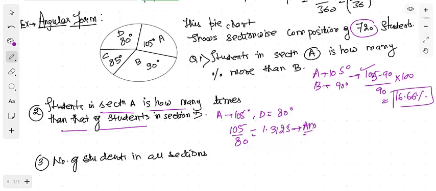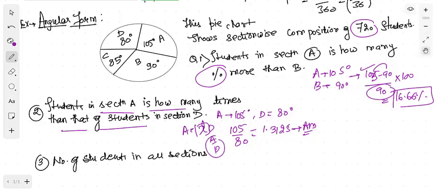Try to read the question carefully. Here it is written how many percent more, that's why we subtracted and then divided by the initial value. Here it is asking how many times than that of students in section D, so you just have to divide. You just have to find A is equal to how many times of D. So to find these times, you have to divide A by D.